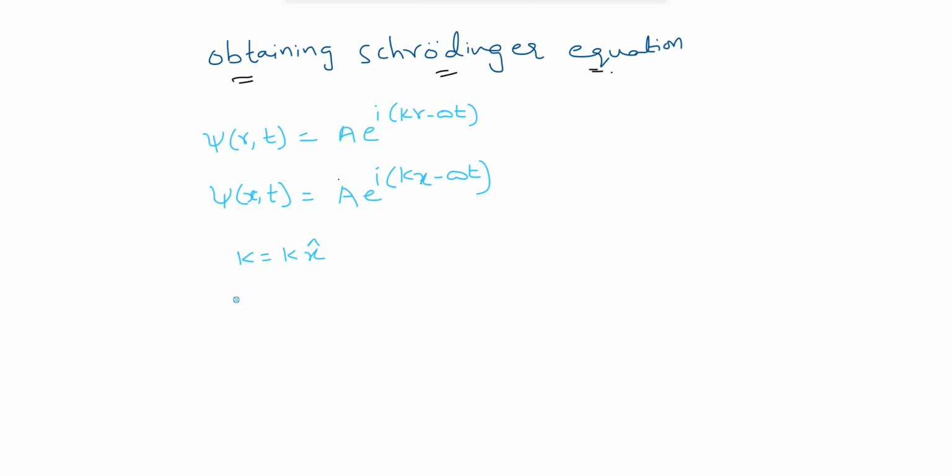And we know that momentum p is equal to h cross k, where h cross is h by 2 pi. Here k is the wave vector, which is 2 pi by lambda. So this corresponds to p equal to h by lambda.